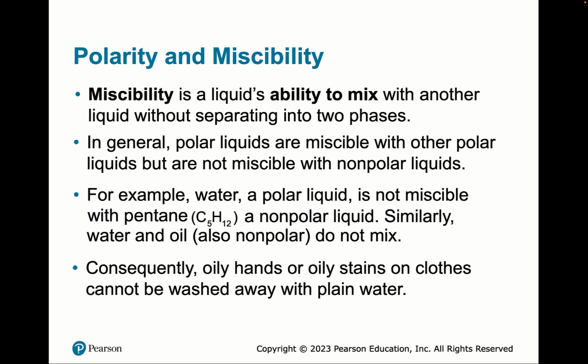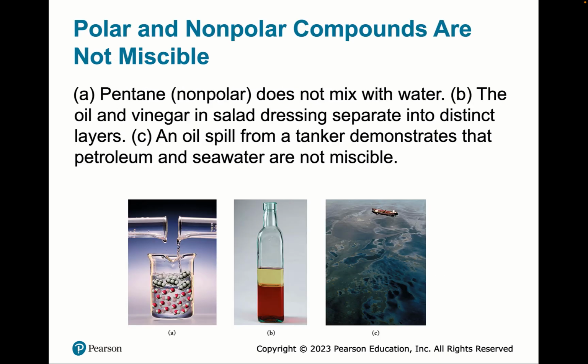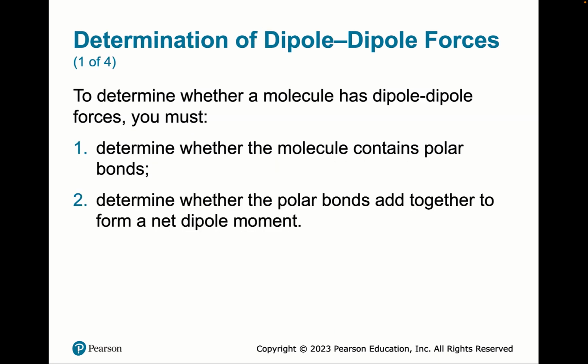Water and ethanol mix, gasoline and ethanol mix, but water and gasoline don't mix. So there are a few exceptions, but generally speaking, like dissolves like. You can see that certain things like oil and water tend not to mix, and it's because of the types of attractions they have for each other.